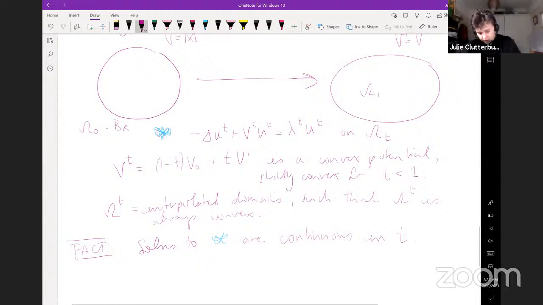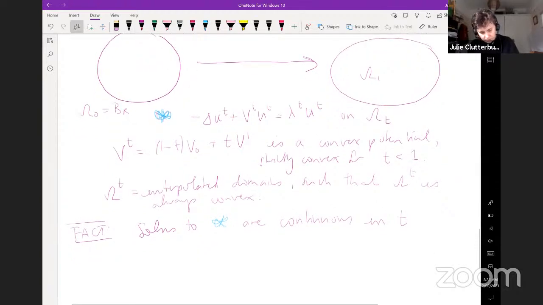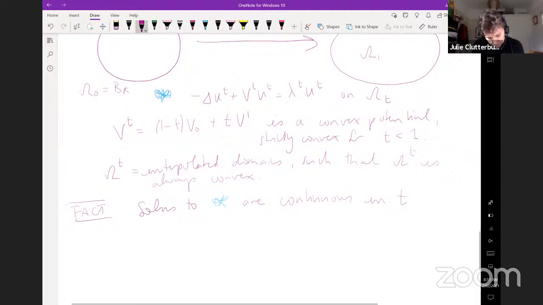Okay, so let me write this down. At t equals 0, we have d2f, in fact d2f is less than 0. So this is f_t, where f_t equals log of u_t, at t equals 0.